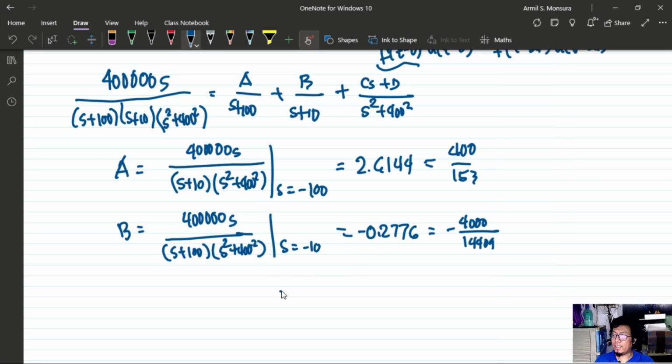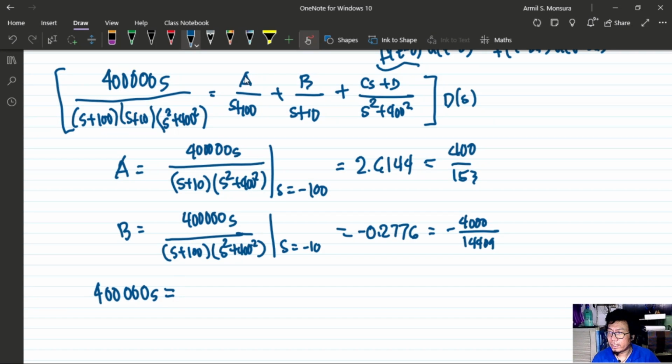Now C and D cannot be solved by the cover-up method, so we resort to multiplying everything with the denominator, so that what remains on the left side is the numerator, this 400,000 s.